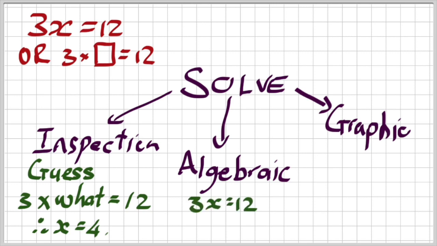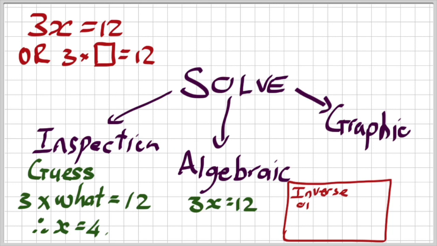Algebraic, ladies and gentlemen, is more where we are going to lean on and rely on going from this year right through to university. For us, we are going to use inverse operations to solve algebraically. So what is the inverse operation of times? Well, that is divide. That's kind of the opposite of times, in inverted commas, okay?